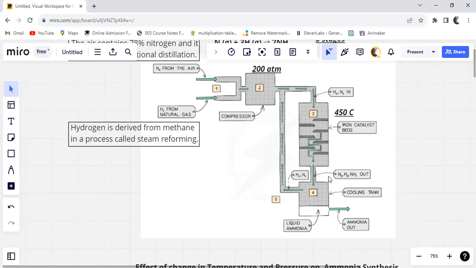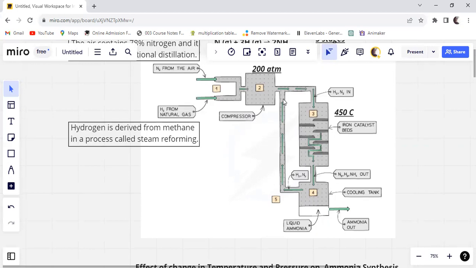However, the unreacted gases, the nitrogen and hydrogen, are recycled back at stage 5. So you can see the nitrogen and hydrogen gases are recycled back into this system at stage number 5. So these were the 5 stages for the production of ammonia.